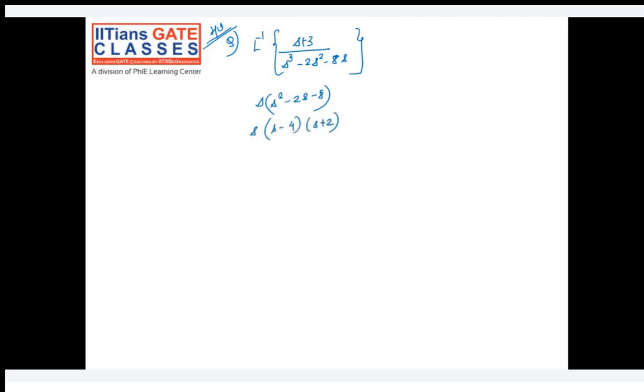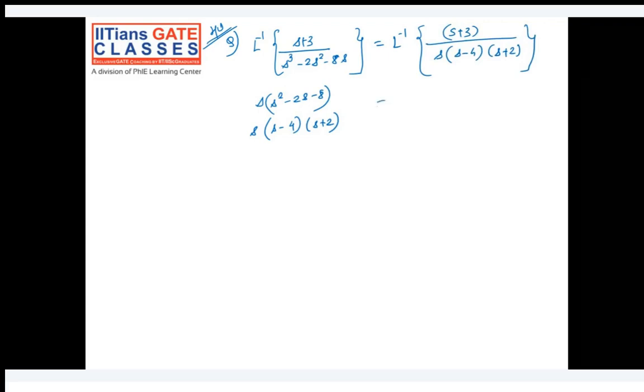So ultimately, you can write this as inverse Laplace of s plus 3 divided by s, s minus 4 and s plus 2. So whenever you are able to find the roots of the denominator easily, I would suggest you to go through the partial fractions.